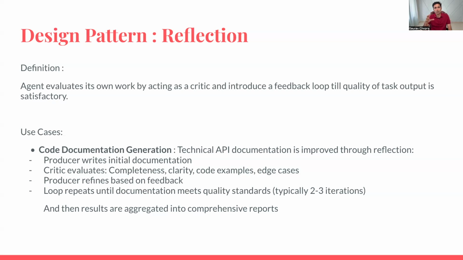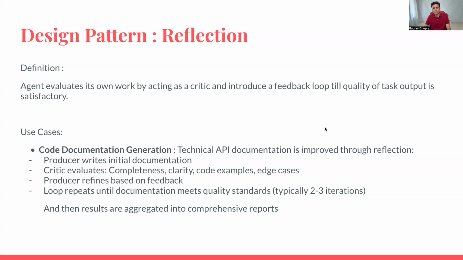Does it talk about all the parameters which act as the input to the function? It should give feedback to the producing unit of the agentic application, saying that this part is not captured well and needs work. So do this a couple of times until we have the refined version of the documentation.